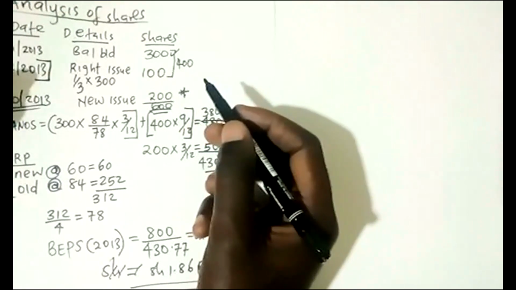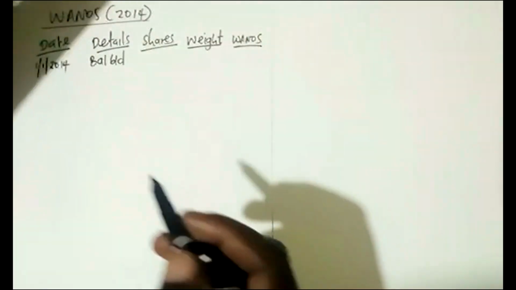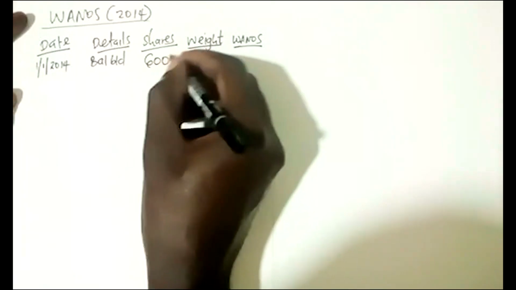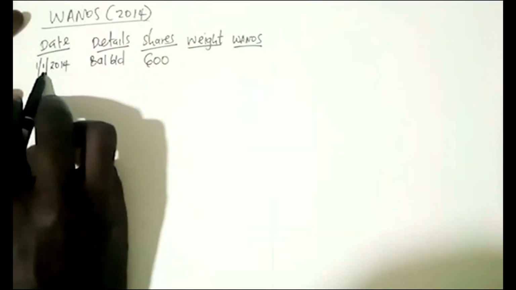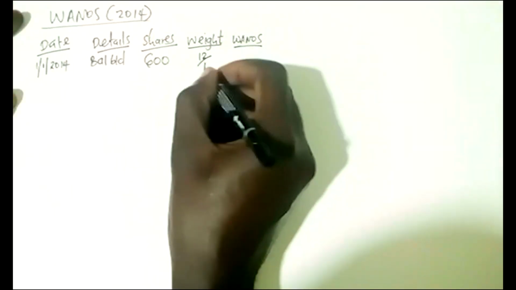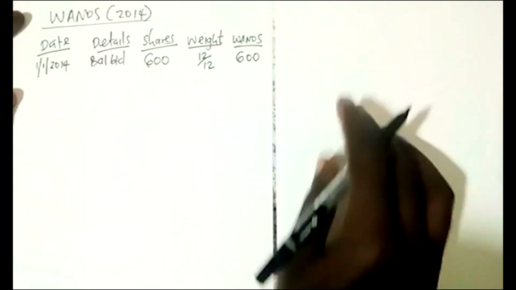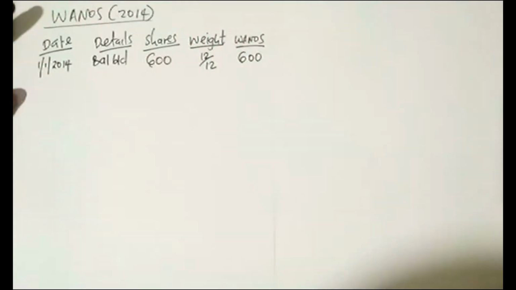That is for 2013, the 300, 100, and the 200. So that is what you record here. Then you weigh from 1st January to the end of the year. Those are 12 months, 12 over 12. So you get your 600.